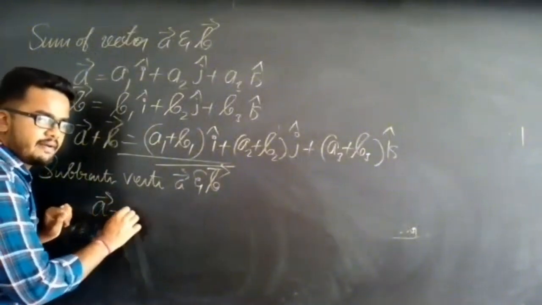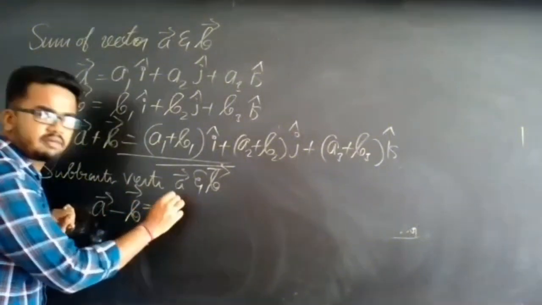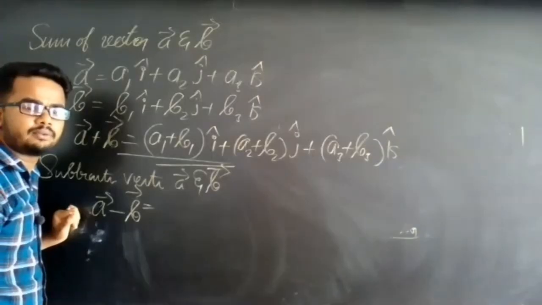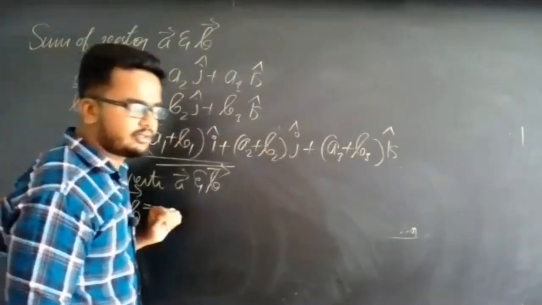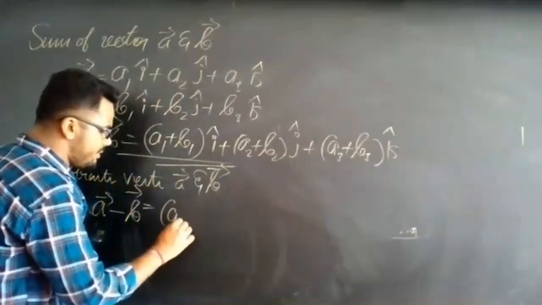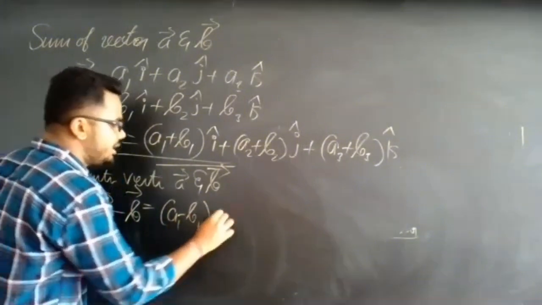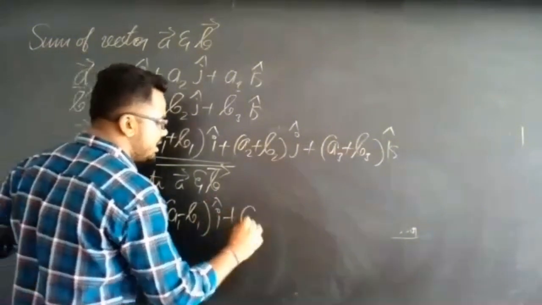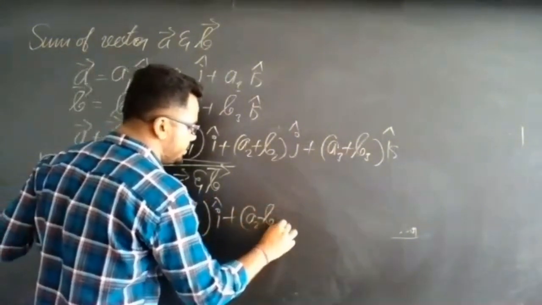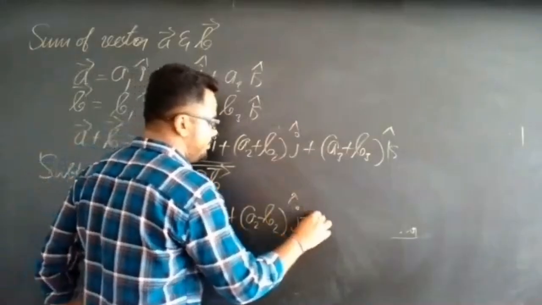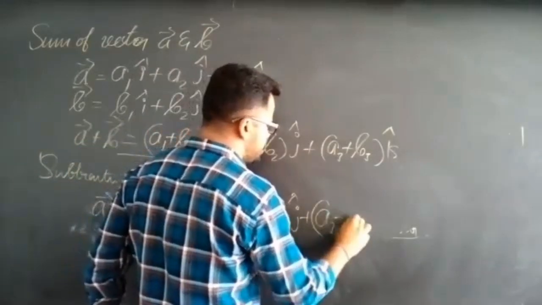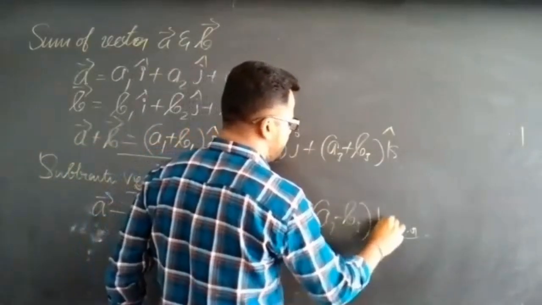So vector A minus vector B is equal to (A1 minus B1) into i cap plus (A2 minus B2) into j cap plus (A3 minus B3) into k cap.